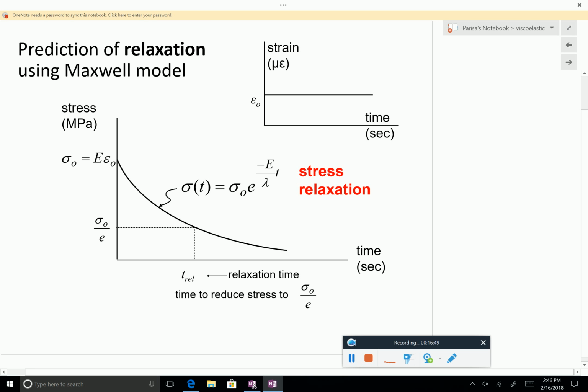So this is the relaxation diagram, in case you are still looking for it. Try it once for yourself. So you hold the strain constant at 50 microstrain, and what happens is that the stress starts from somewhere and then exponentially goes down.